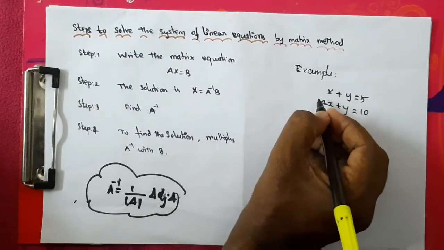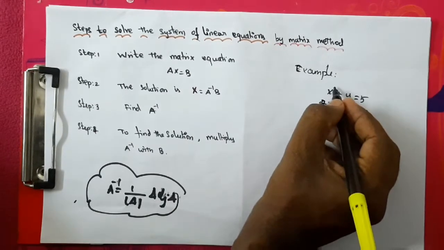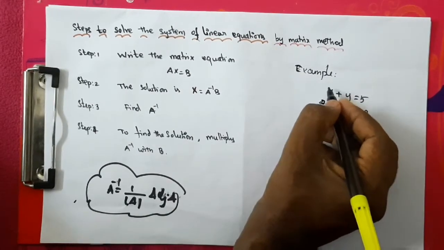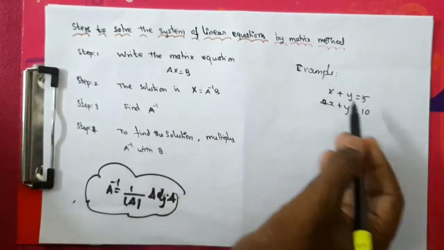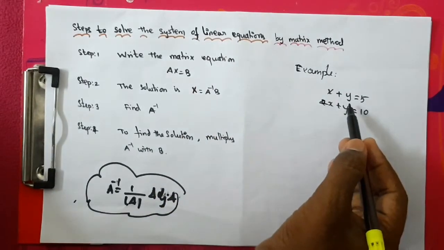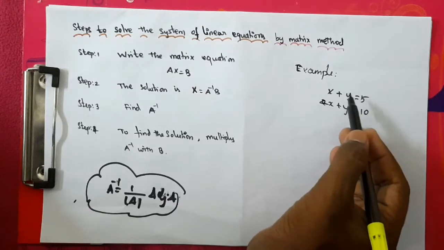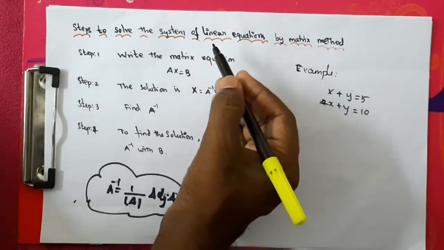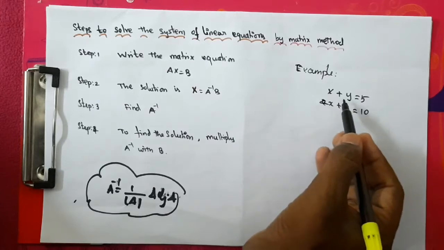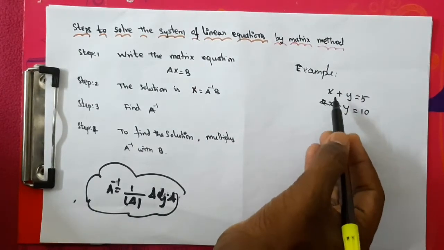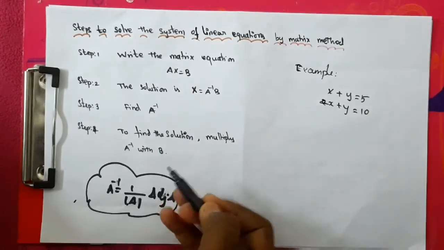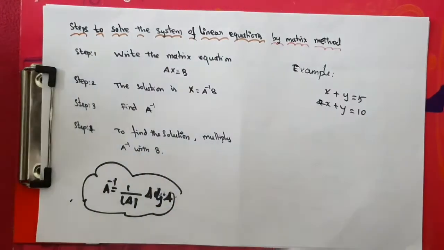Here you can see the power of x and the power of y are both 1, here also 1, here also 1. So that is nothing but linear. When the power of the variables is 1, then you can say it is a linear equation. It is a linear equation in 2 variables, because in these equations we are using 2 variables, both having power 1.